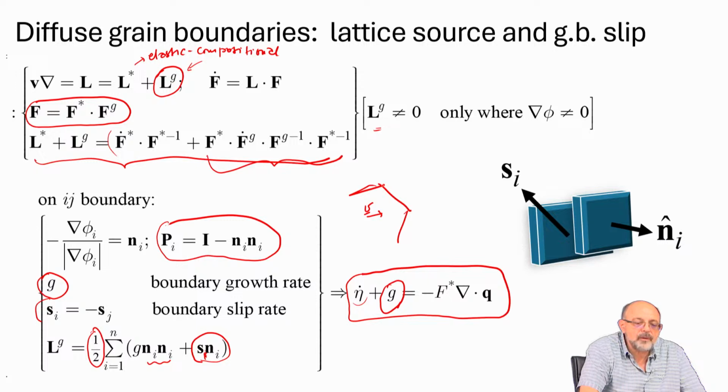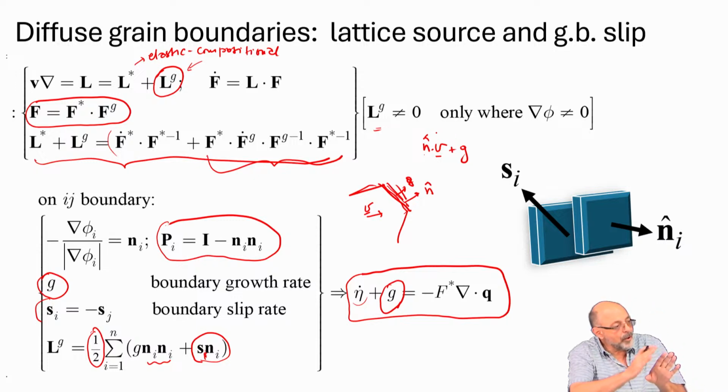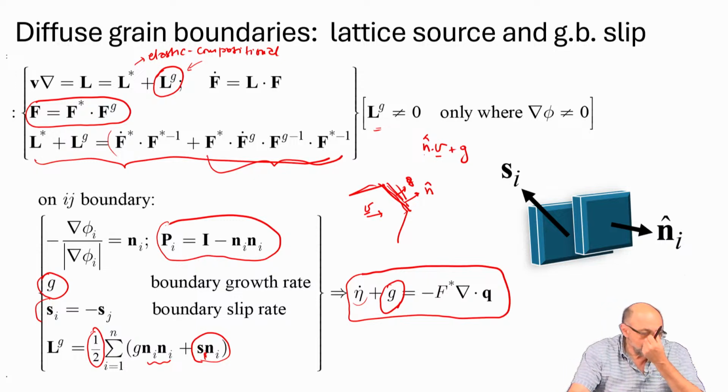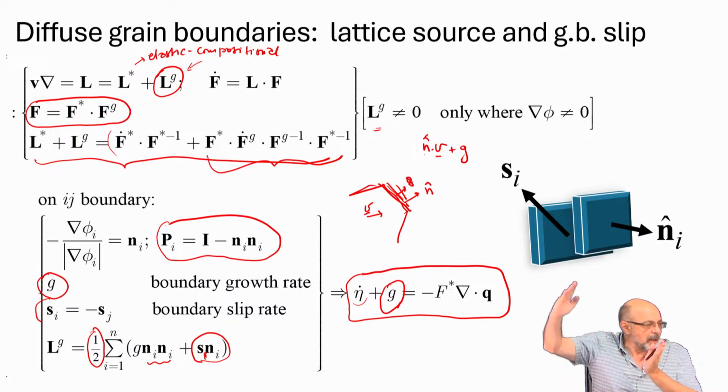Well, in addition to that V, this boundary may be growing at a rate G, and if this is its normal, your n, the total velocity of any point of this boundary is n dot v, the normal velocity, plus g, right? That would be the normal velocity. So the boundary grows with respect to the lattice. Yes. So it builds new lattice planes, right?